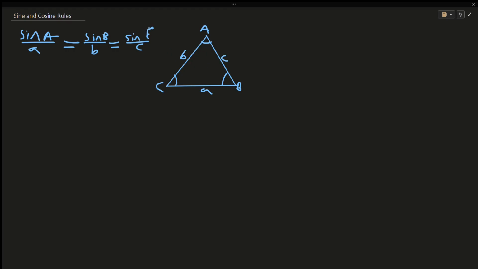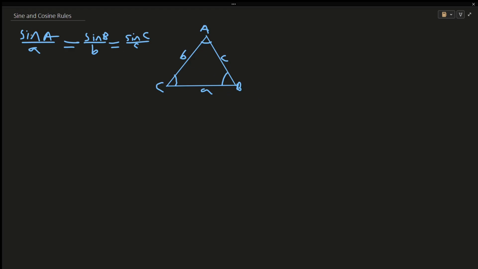Essentially what this is saying is that the ratio of the sine of the angle over the length of the side opposite is equal to the same ratio for any of the other angles.